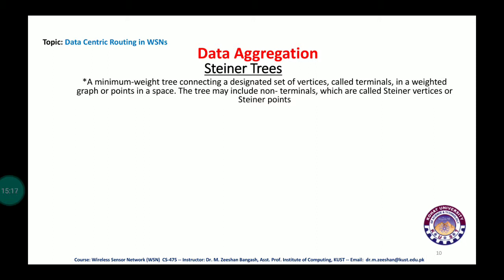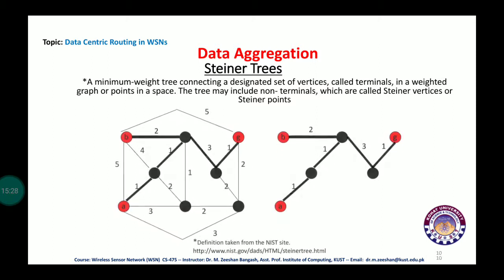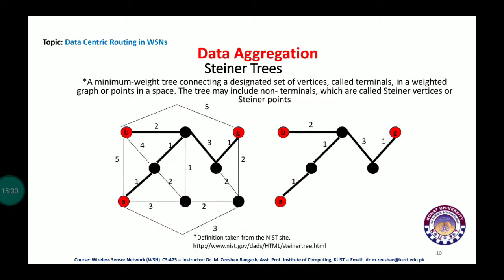And this tree, which is known as a minimum weight tree, includes some non-terminals, which we call Steiner vertices or Steiner points. So just look at the diagram shown, in which there are some non-terminal vertices, or we can call them Steiner vertices, like A, B, or G, and they are basically the non-terminals.